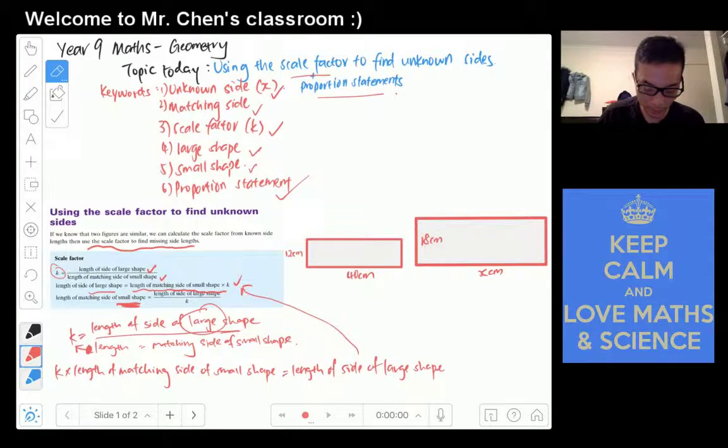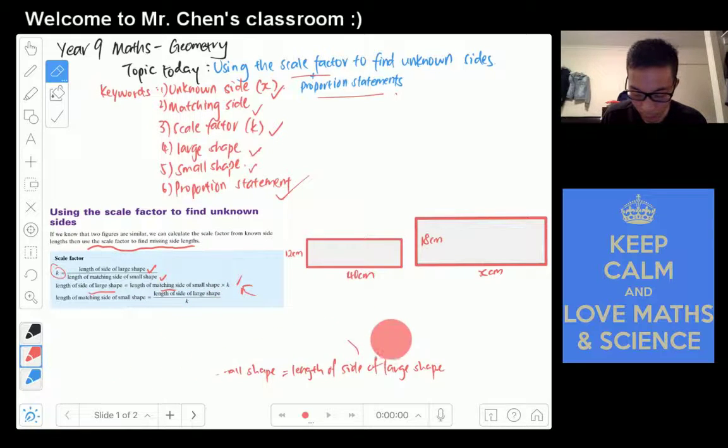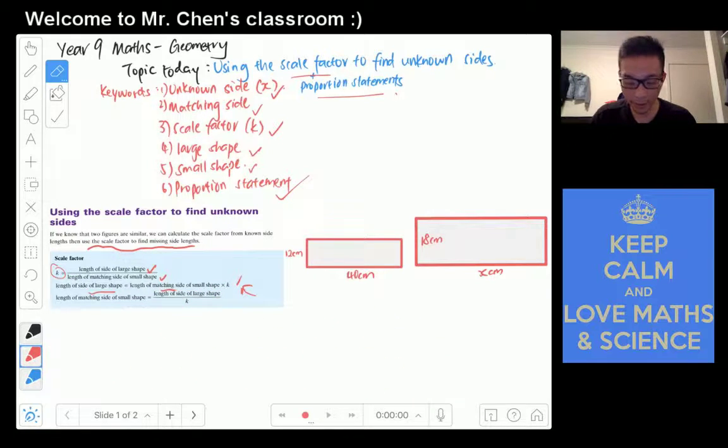So let's begin. Over here we have two similar rectangles. The height on the small one is 12 centimeters. The height on the larger one is 18 centimeters. And the length is 40 on one, but the other one is unknown.